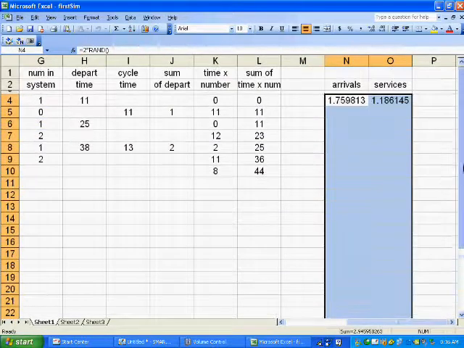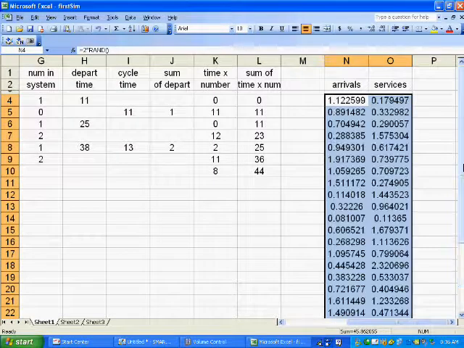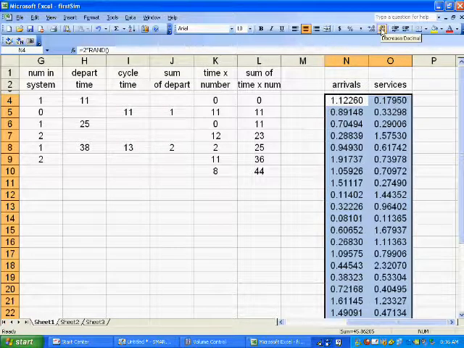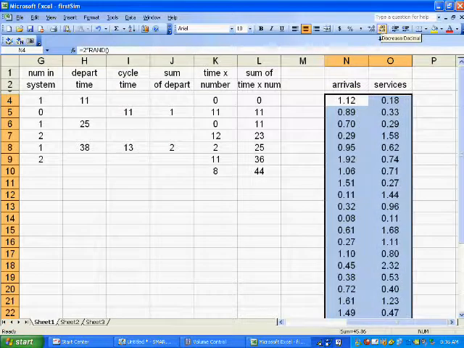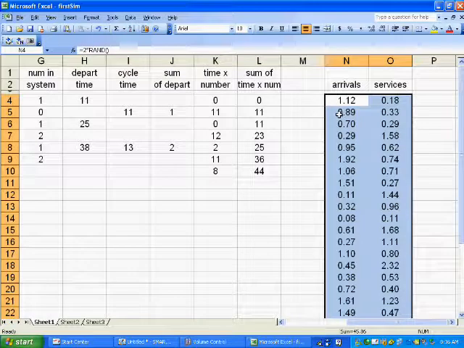Okay, so now I have a whole bunch. I'm going to hit Control D, Control D copies them down. In fact, I'm going to make them more readable. So these are now a stream of random numbers. Now, of course, I have the same problem.